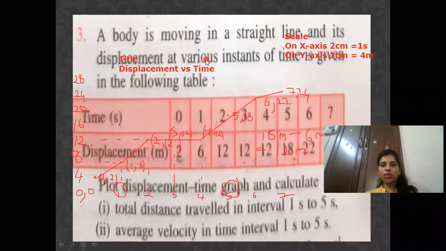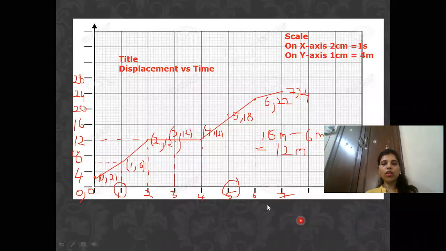So they have asked average velocity in the time interval 1 second to 5 seconds. So average velocity, when you are finding it, you're finding the slope from 1 to 5 seconds. As you can see over here, in displacement versus time, the slope always gives you the average velocity.